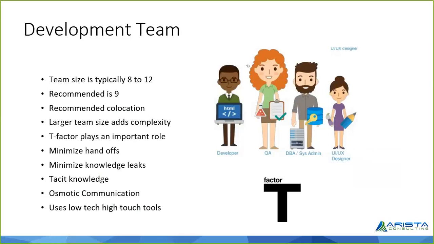It is highly recommended that the entire development team is co-located. Now, what does co-located mean? It means that all of them should be in the same room. It's not just in the same building.